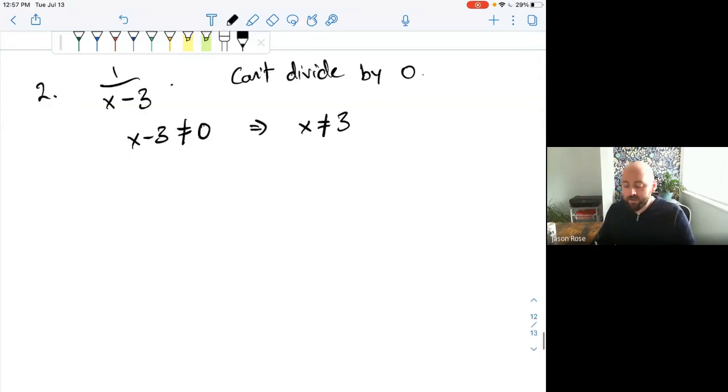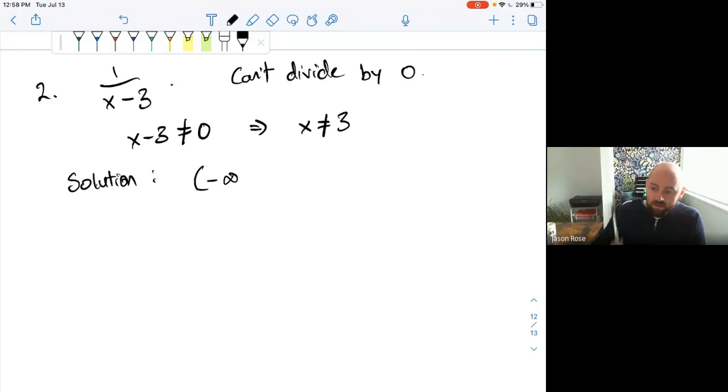Now, how would I write this in interval notation? So my solution. Anybody know how I would write this? I'll show you for this one.